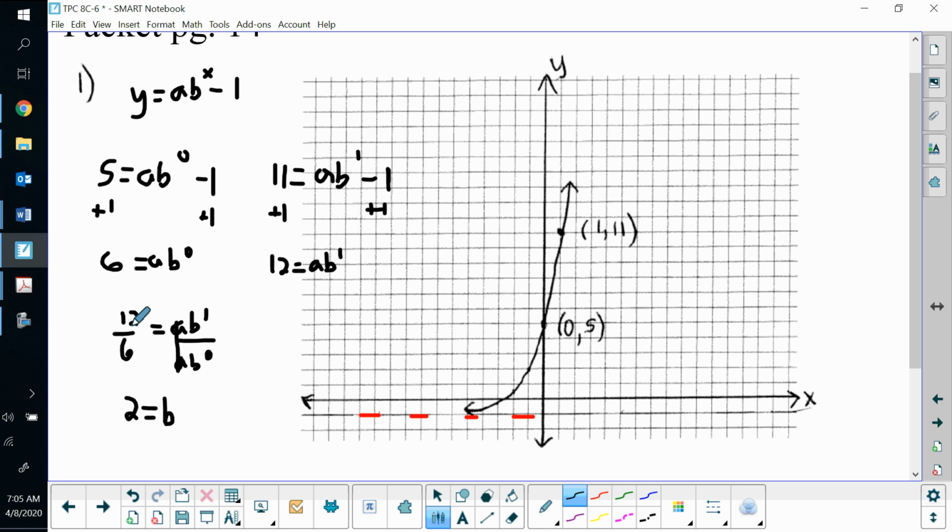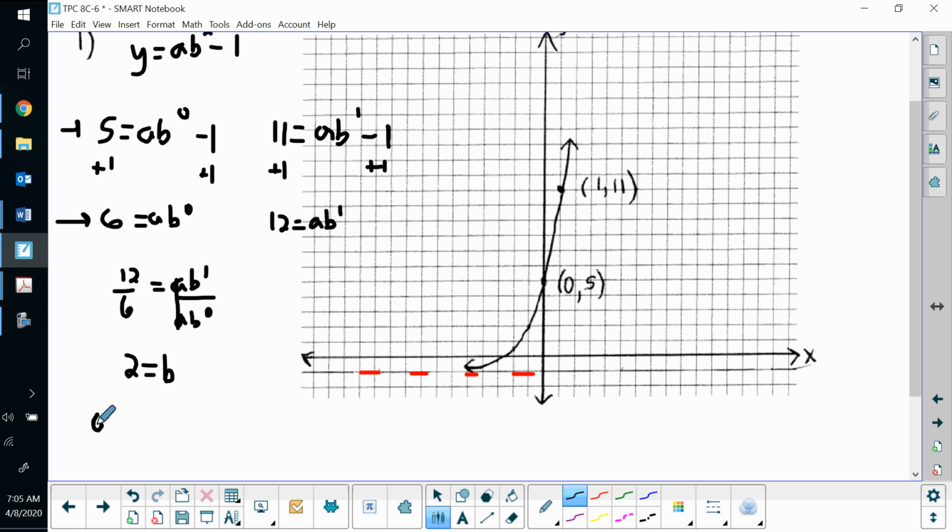Now, we can plug in for b in either spot. We can either plug in something from this row or something from that row. It's going to be easier if you plug it from that second row of things. So I'm going to do the 6 equals a times b to the 0. So we're going to have 6 equals a times 2 to the 0. Anything to the 0 is just 1, and 1 times a is a, so a is just 6.